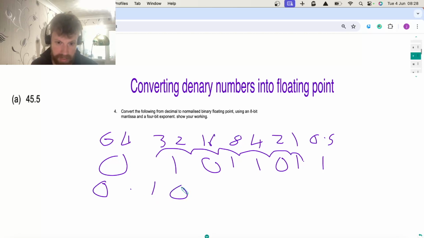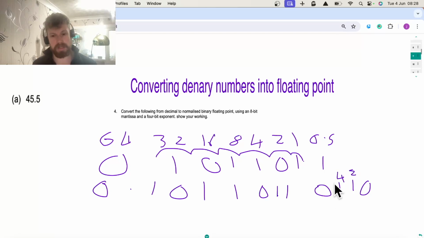Just put a little decimal point in there to help you remember. 1, 0, 1, 1, 6 times, and then our exponent is going to be 0, 1, 1, 0, because 1, 2, 4. Yeah, so that's on there. So 8 bits, 1, 2, 3, 4, 5, 6, 7, 8 for our mantissa, and 4 bits for an exponent. 1, 2, 3, 4. Okay, and that's the answer there. Okay, so that's how we do that.